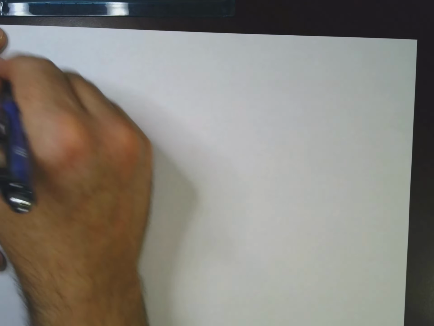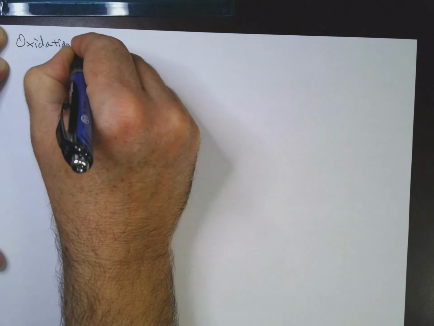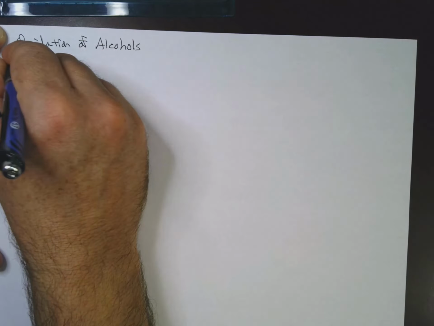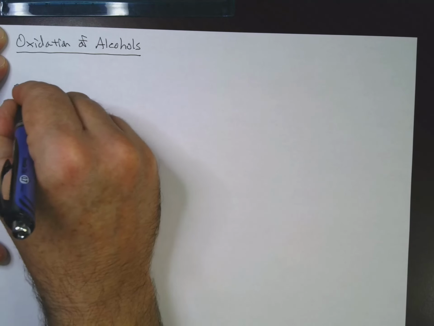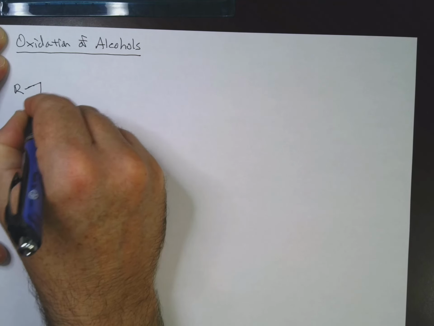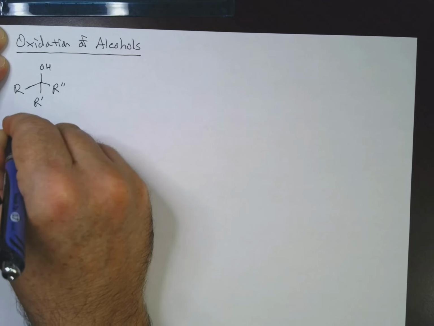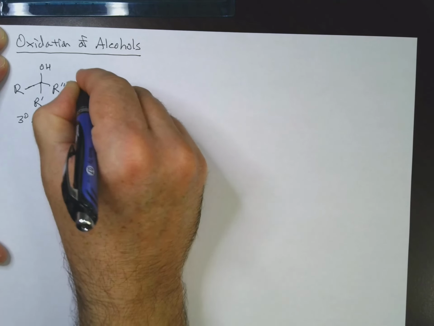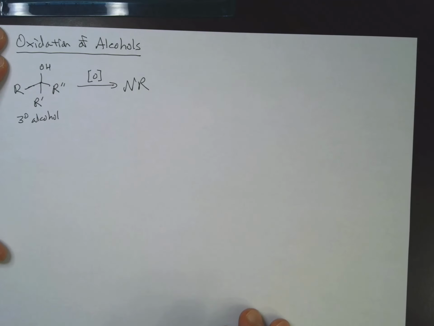Okay, so oxidation of alcohols. Let's say we have R', R'', OH, a tertiary alcohol, and we try to oxidize that, we will get no reaction.